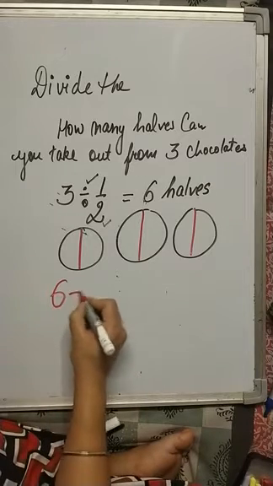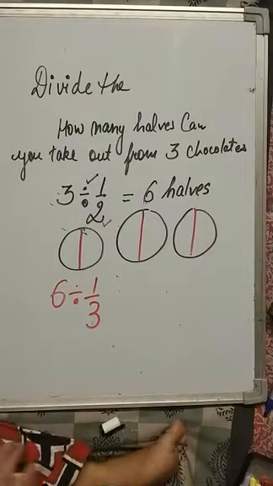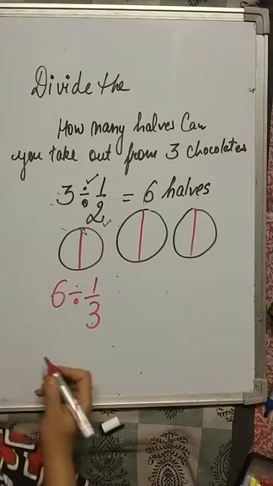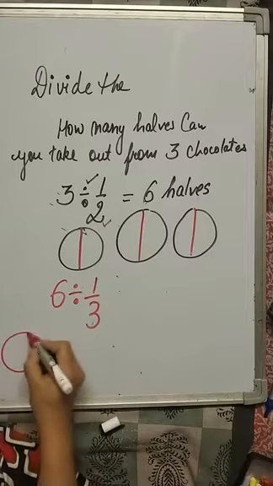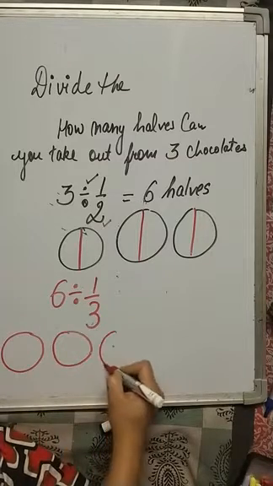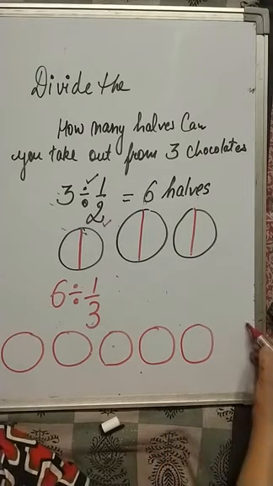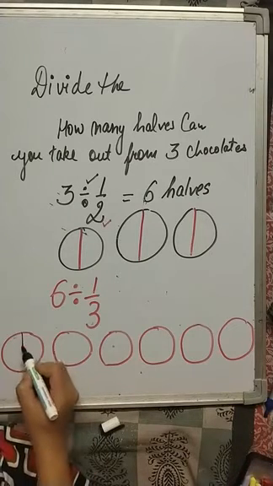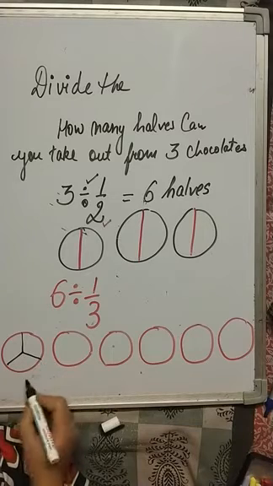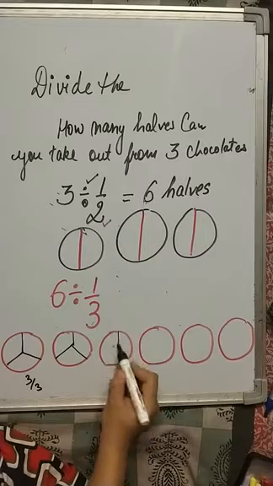Now how many thirds can you take out from 6 chapatis? How many thirds can you take out from 6 full chapatis? Now look, 1, 2, 3, 4, 5 and 6 chapatis. How many thirds can we take out? 3 thirds, 3 more thirds, 3 more thirds.